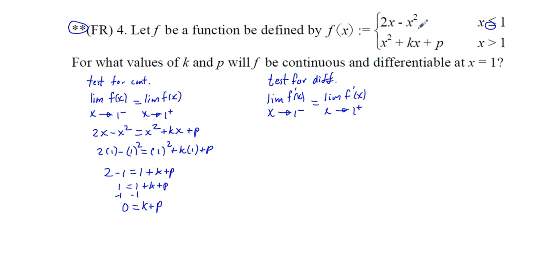On the left side, f prime is going to be 2 minus the derivative of x squared, which is 2x.